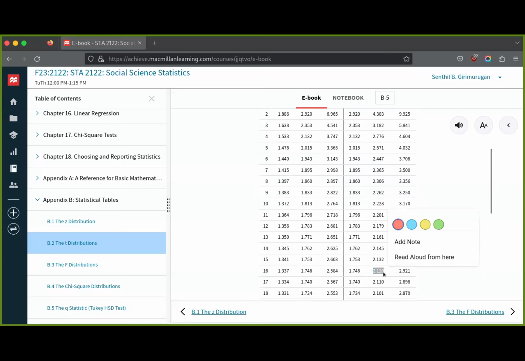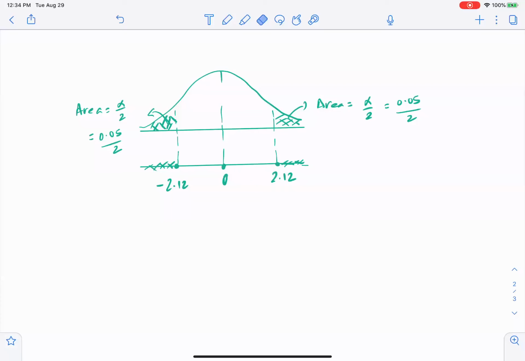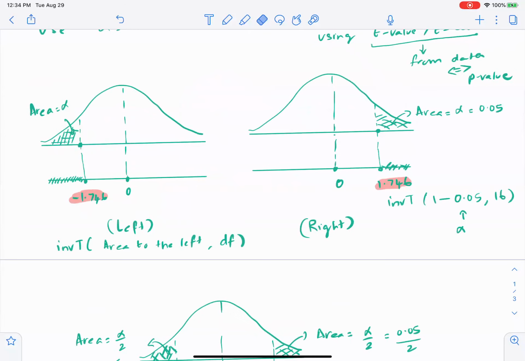That is exactly the answer we had obtained earlier using the calculator. So 2.12 and 1.746.